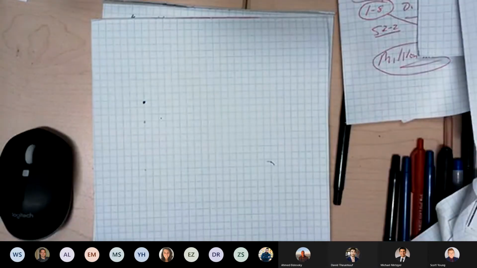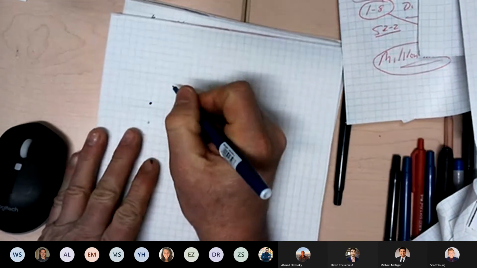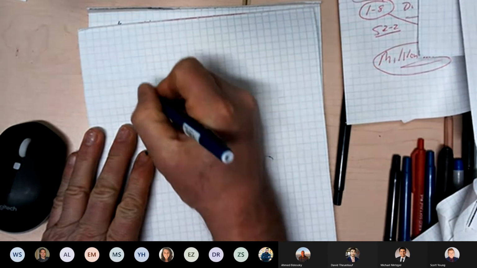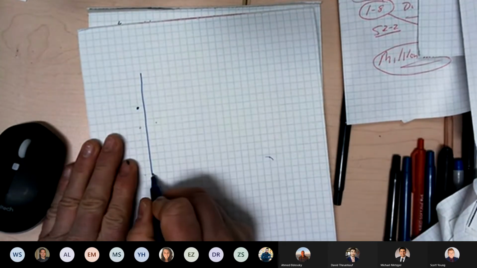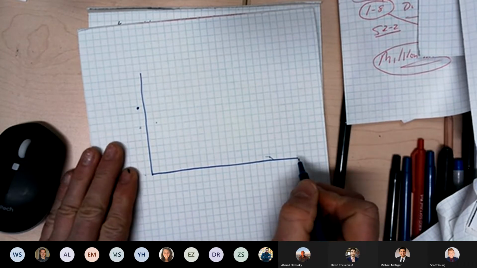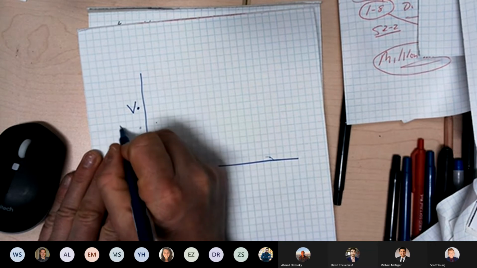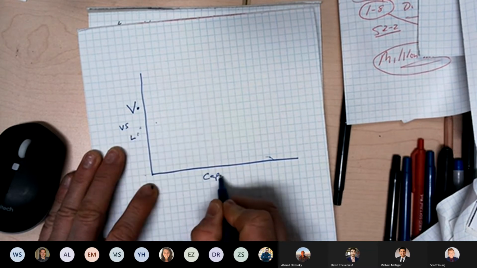Okay, so just to show you why the capacity per unit area of the stack is what it is. This is voltage versus lithium and capacity.